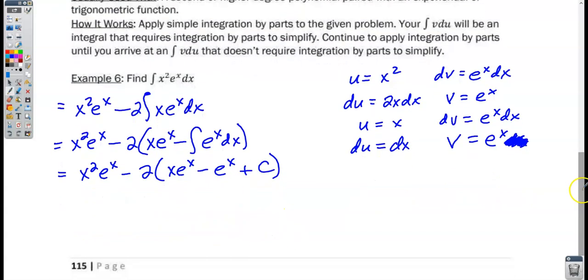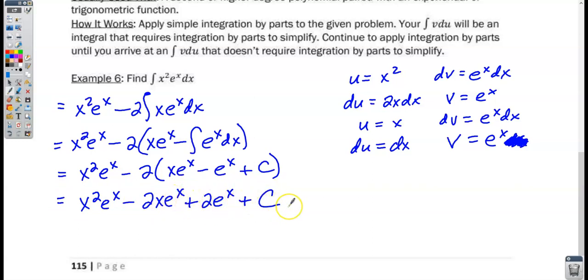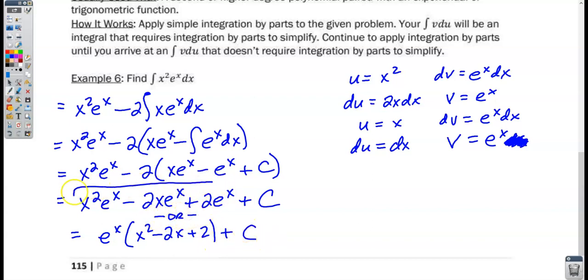Now I want to distribute the negative 2 through the parentheses here. And there's our integral. If we wanted to, since all of the terms have an e to the x in them, we could factor an e to the x out and write our final answer like this. I'm going to take either of these as a final answer here.